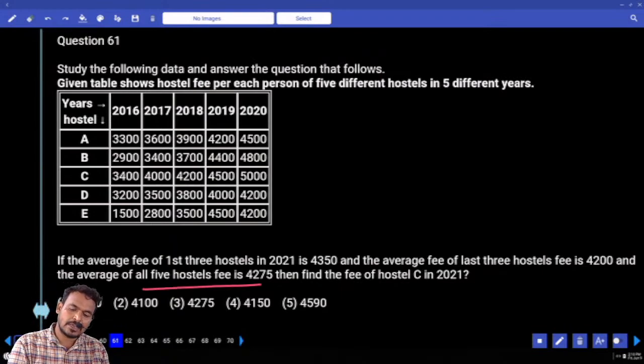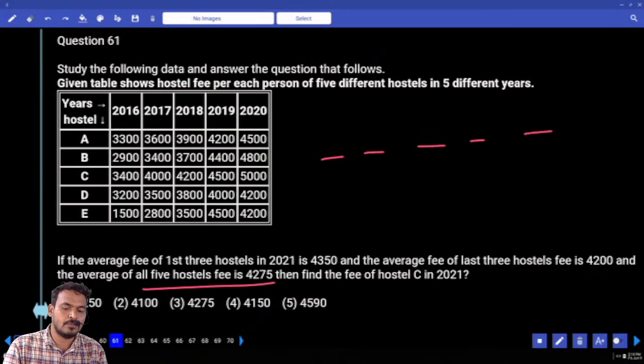What is the 5 hostels average fee? 4275. Okay, first 3 hostels average are given 4350. How much more? 75 more or less? More.